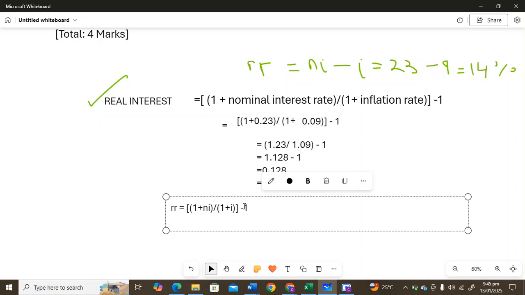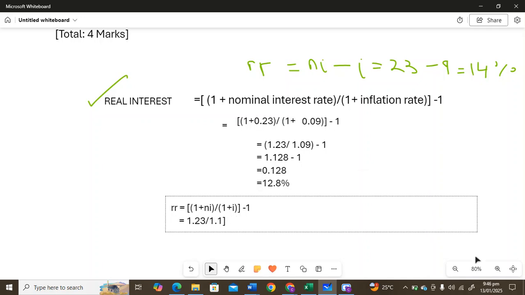Our nominal interest rate is 23%. So here we have 1.23 divided by 1 plus 0.1, that's 1.1. 0.1 is 10%.